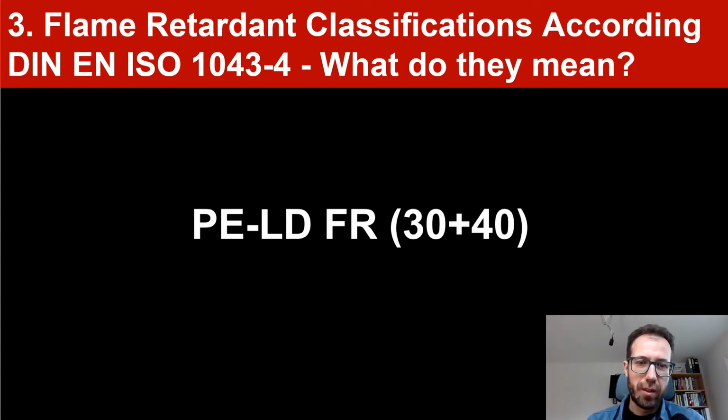Okay, let's continue with the third question. It's about flame retardants and flame retardant classification, because we want to shed some light on the standard ISO 1043 section 4 and what they mean in detail.